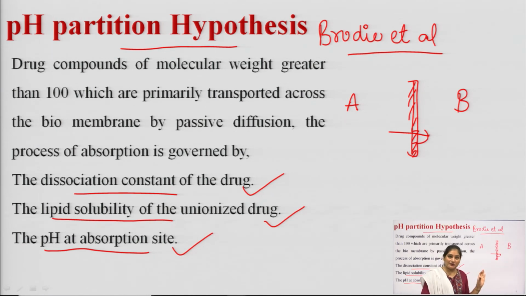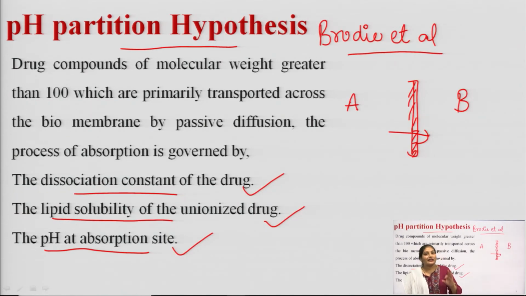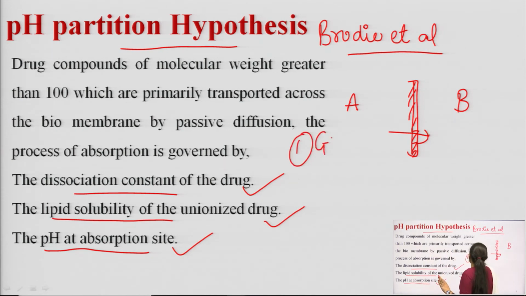The first assumption is that our GIT, the gastrointestinal tract, is a simple lipoidal barrier for the transport of drugs.